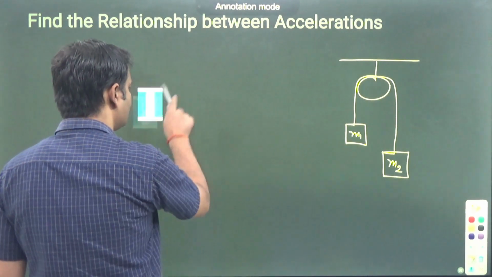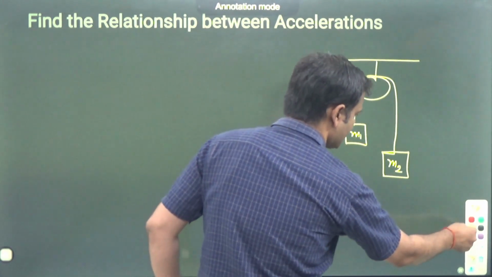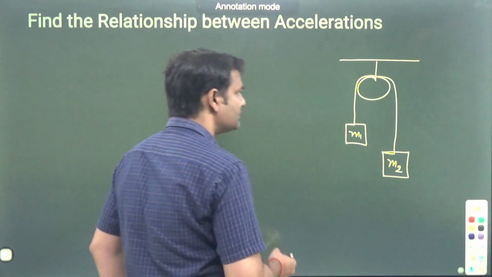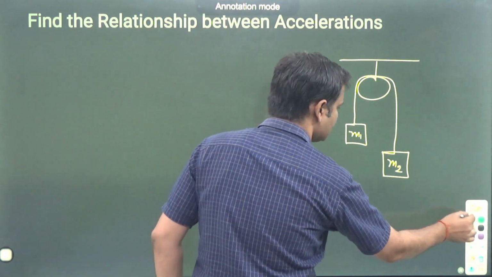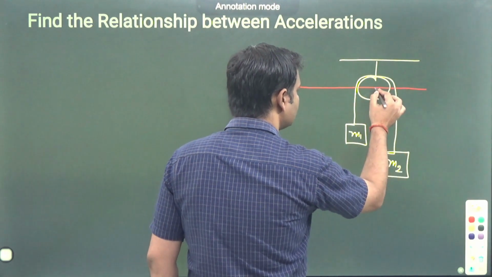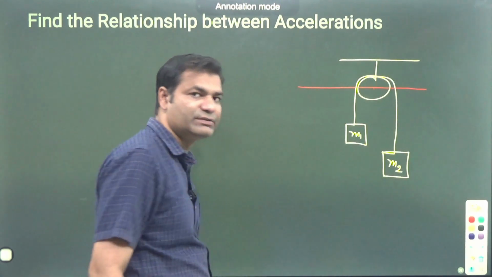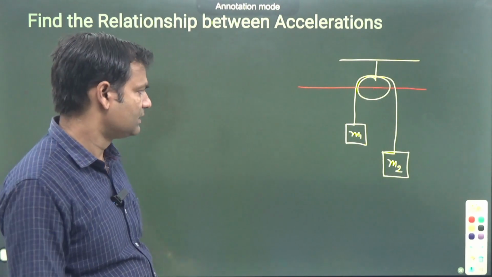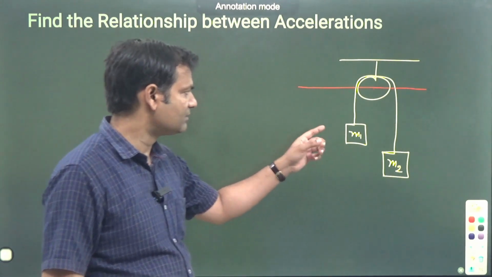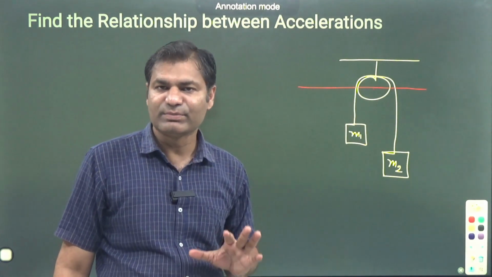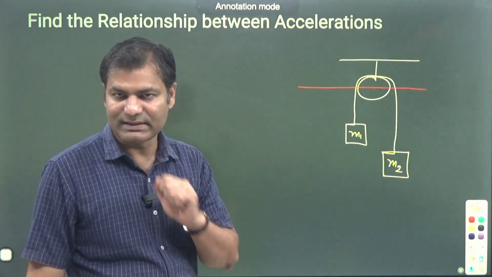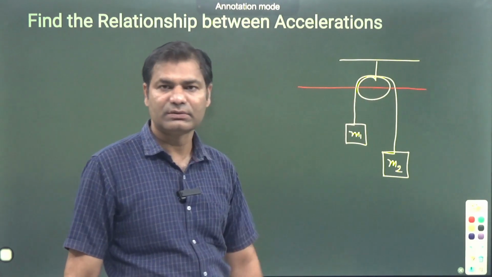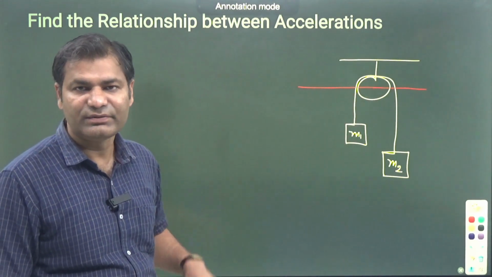For simplicity, suppose that this pulley is fixed, the mass and string are massless, and the string is massless and the pulley is smooth. Smooth means frictionless.